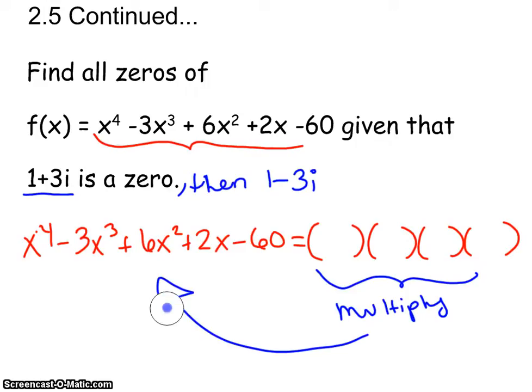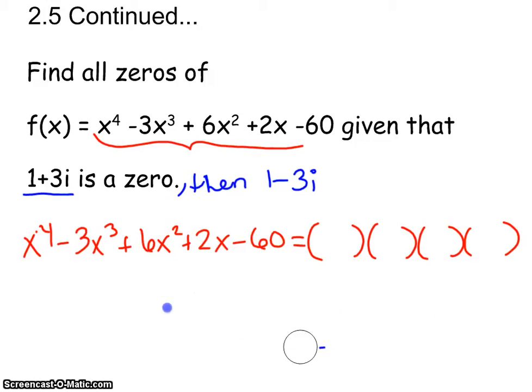Okay? Well, I already know 2 of the factors. 2 of the factors are with the 2 given solutions, x minus parentheses 1 plus 3i. I'll make that bigger in a minute. X minus 1 minus 3i. Okay, but I don't know what these 2 are.